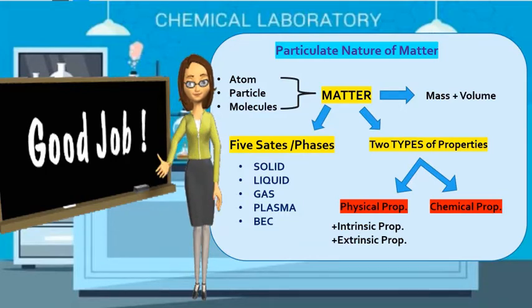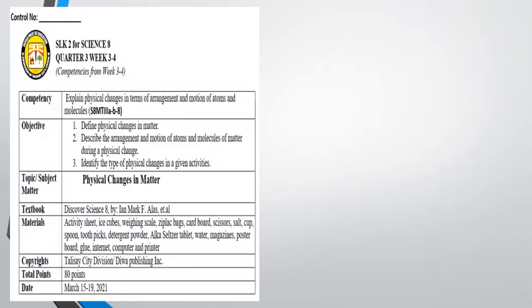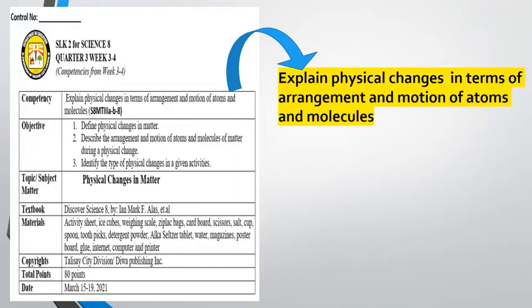So let's go ahead, and I think you're ready for the lesson for this week. Now let's proceed. In here, we'll start with the first page of your self-learning kit, Science 8 Quarter 3, Weeks 3 to 4. The aim here is to help you explain physical changes in terms of arrangement and motion of atoms and molecules.